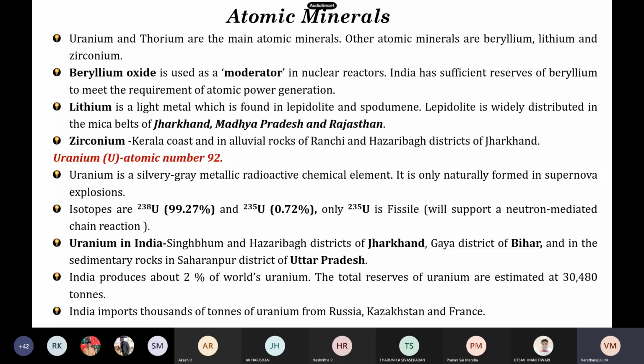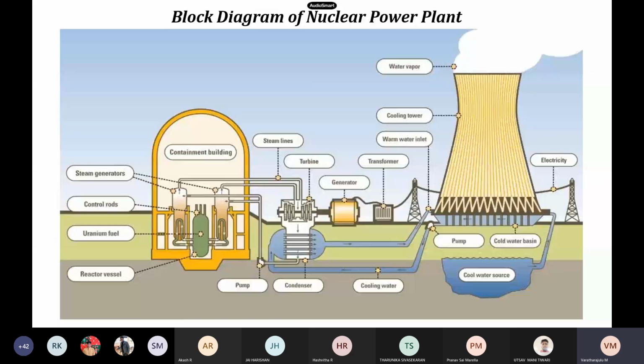And thorium distribution. And this is the block diagram of the nuclear power plant. This is the primary circuit, and this is the secondary circuit. In yesterday's video, we were introduced to three different circuits in handling nuclear power plants.